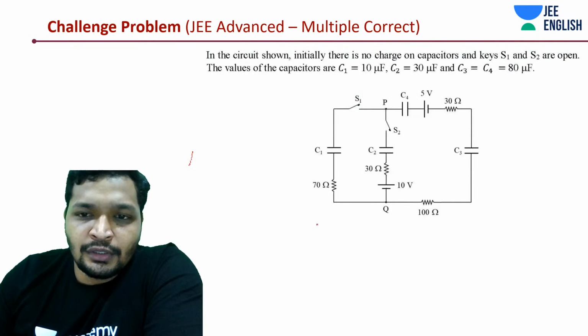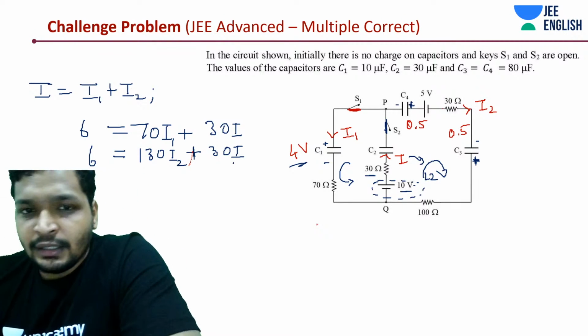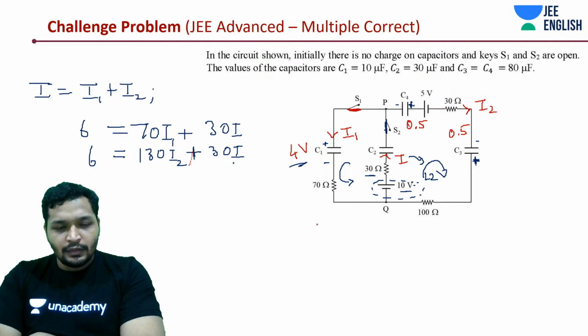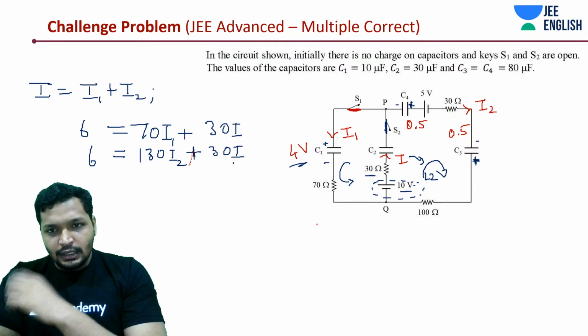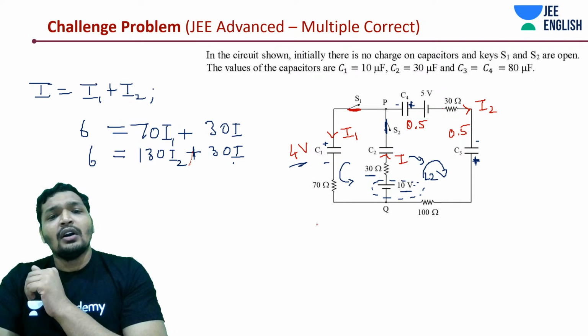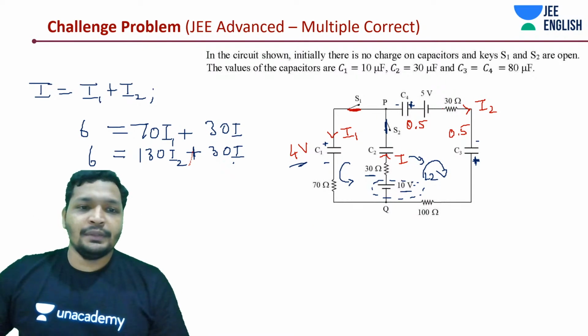I think the next question is also interesting. Already 9:35. So this is 30i and 30i. Okay, let's do this question then.